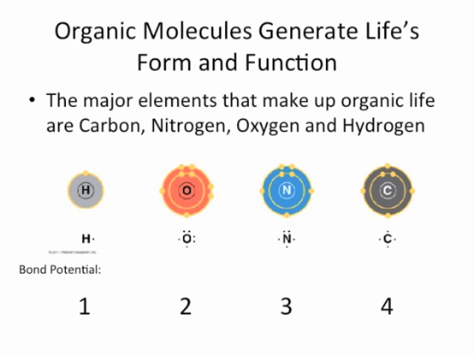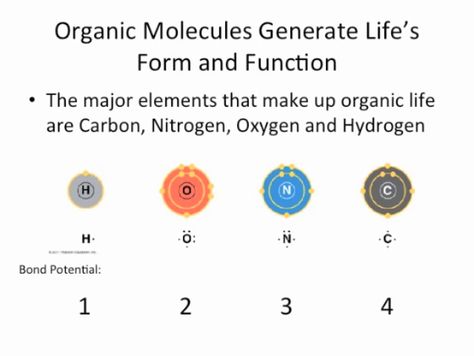So organic molecules are what generate life's form and function. And organic molecules are primarily made up of 4 elements. We talked about this a few lectures ago when I first introduced the elements. These 4 elements, carbon, nitrogen, oxygen, and hydrogen, make up about 96% of organic matter.